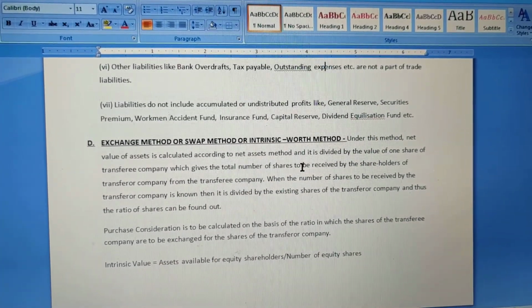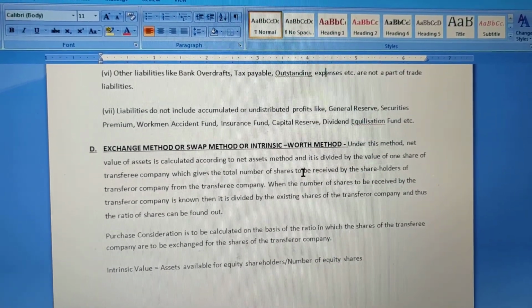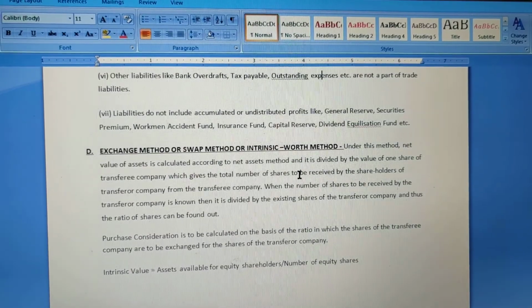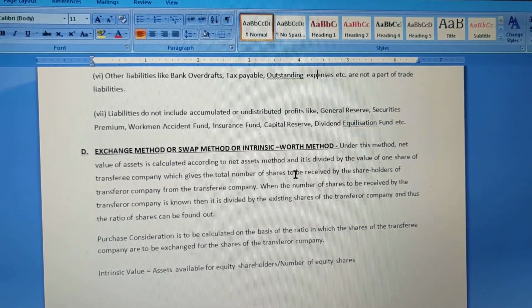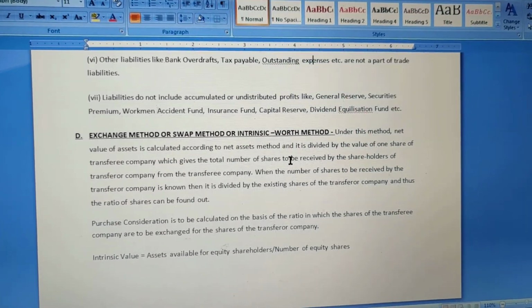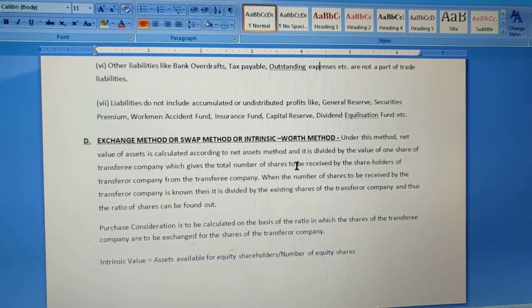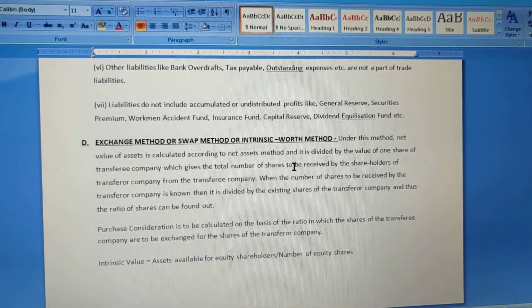Next, you make the equity shareholders account, in which you transfer the share capital and all the reserves, securities premium, etc., which the purchasing company will not take over. Obviously they relate to the equity shareholders, so you transfer them to their account.